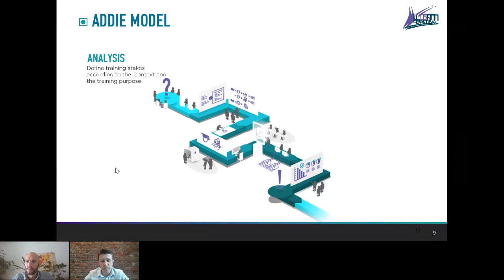During that analysis, we define all training stakes and all parameters influencing the training, taking into account the roles, the different constraints of the organization, and the target audience, and that allows us to define the main training purpose.